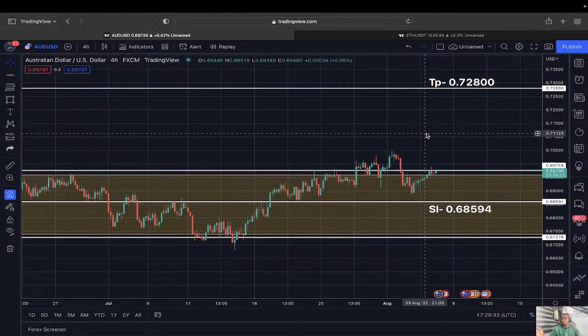We did gold last week. I'm seeing pounds USD. So let's touch on pounds USD.